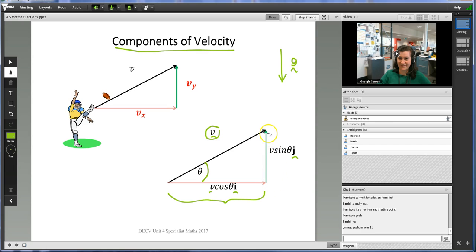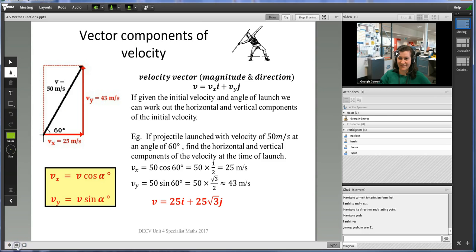So even though this is the initial launching velocity, over time it will succumb to gravity and start going back to the earth. Unless you're a really good kicker and you can launch your football into space, escape the Earth's gravitational field.